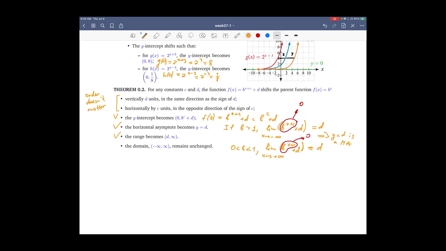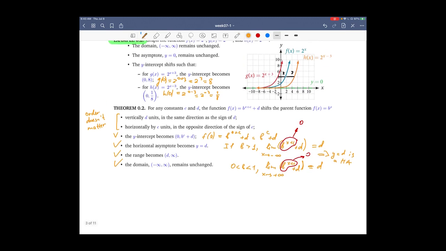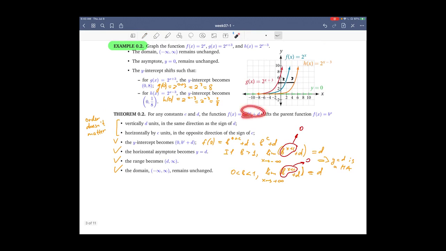And the domain remains unchanged. You can still substitute x by any number. The expression b to the power x plus c plus d still makes sense for any x.